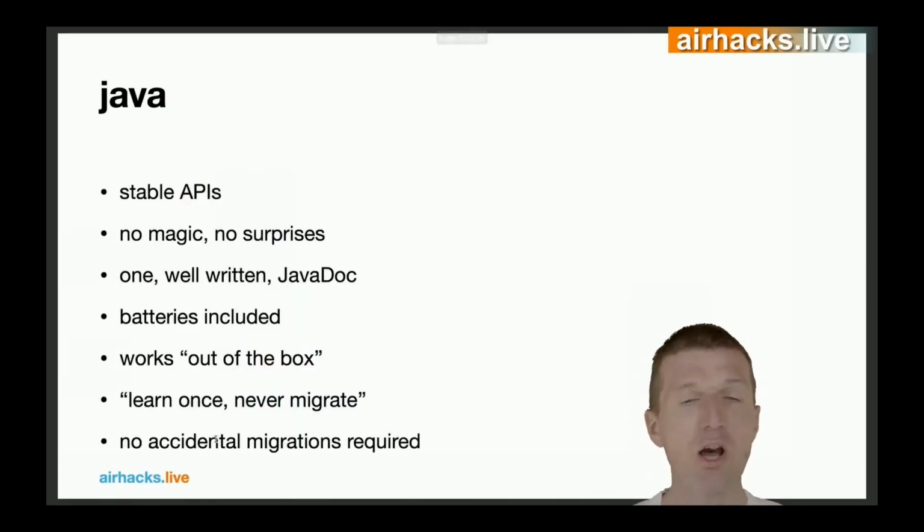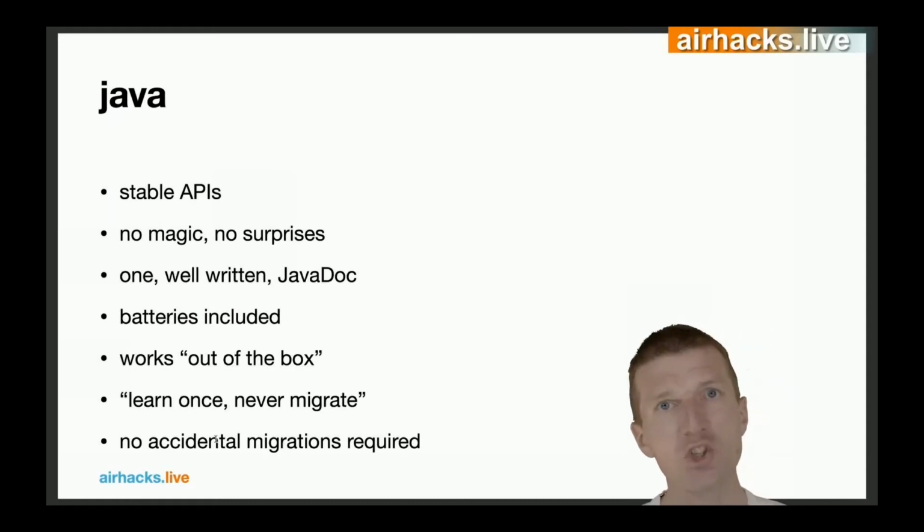Now, Java. Why I like Java, or why probably you like Java, is that they are stable APIs. The cool story is, my secret is, I learned Java in 1995. Since 1997, I'm a freelancer, and what I had to do from then was only learn small pieces over time, because Java actually never changed. It just got more and more functionality, but it's not like it was completely rewritten.